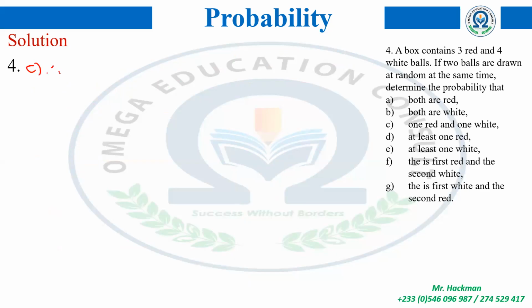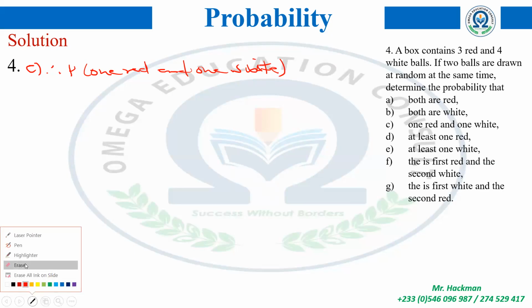Now we are going to move on to C. Therefore, we are looking at P of 1 red and 1 white. So 1 red, 1 white.